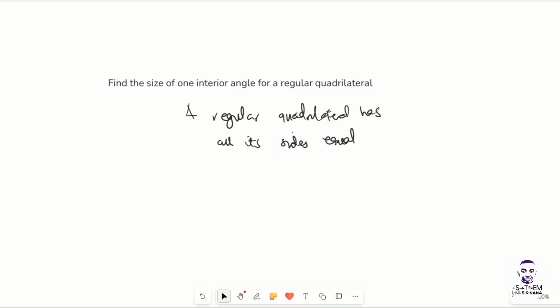So for a quadrilateral, n is equal to 4. It's a 4-sided figure. So we have n minus 2 multiplied by 180 for the sum of interior angles, right? So we have 4 minus 2 multiplied by 180. That gives us 2 multiplied by 180, and that will give us 360 degrees.